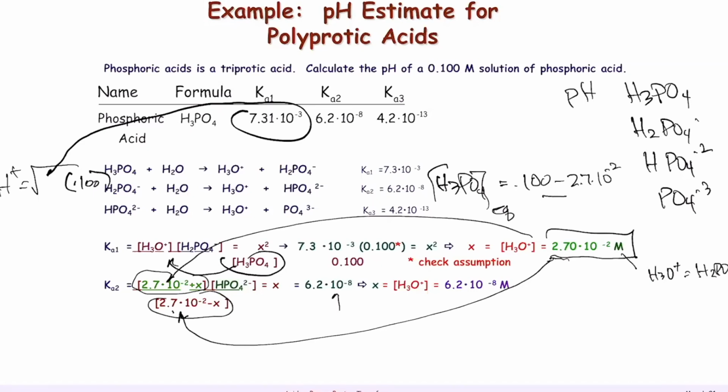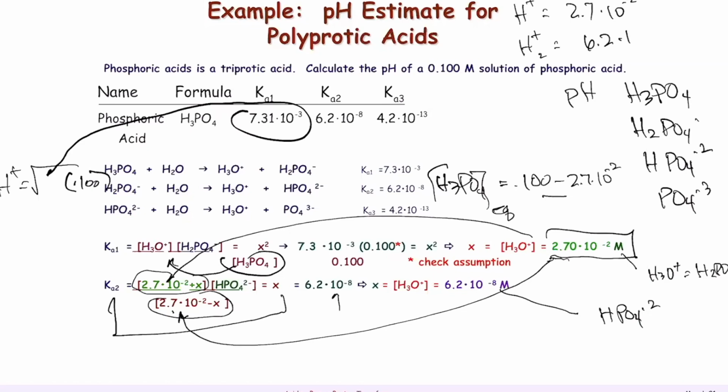So they basically cancel, and my x value is just Ka2, which is, according to this problem, my HPO4 2 minus concentration. So what is my hydrogen ion concentration total so far? From the first equilibrium, I have 2.7 times 10 to the minus 2. From the second equilibrium, I have 6.2 times 10 to the minus 8. Keep that in mind.